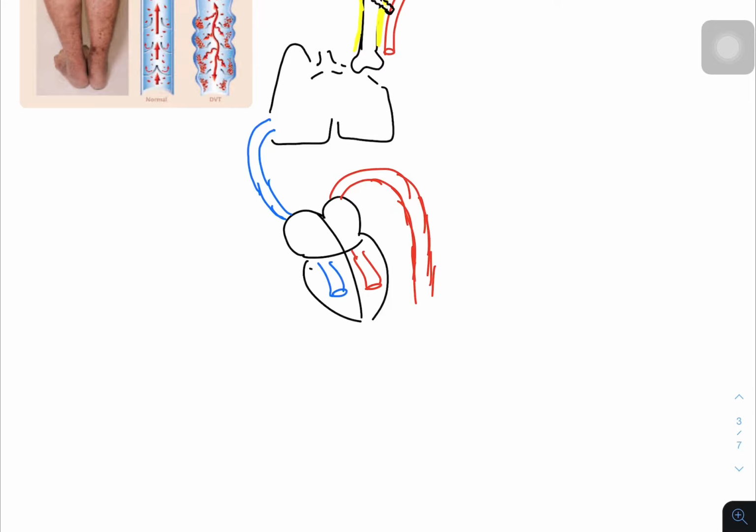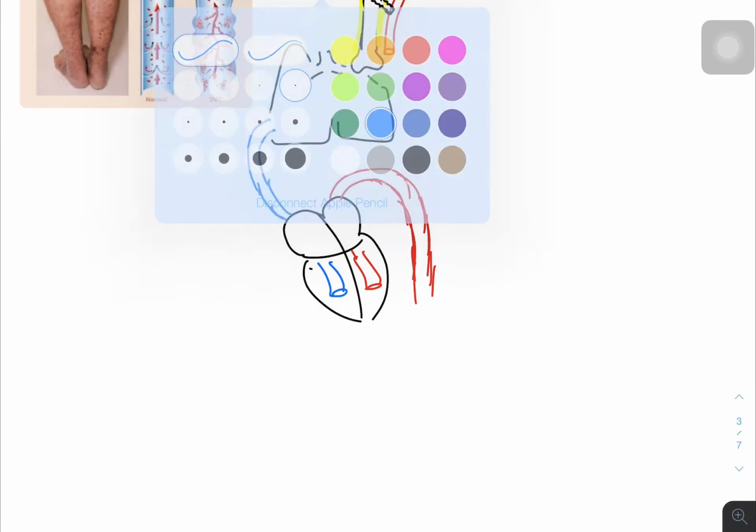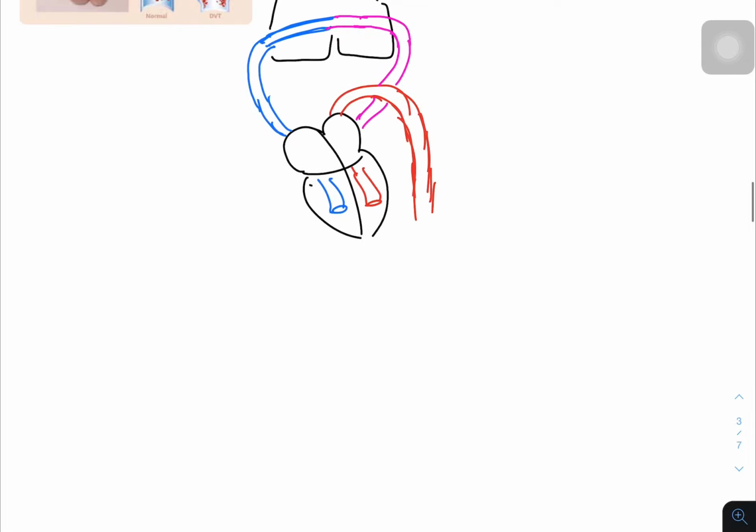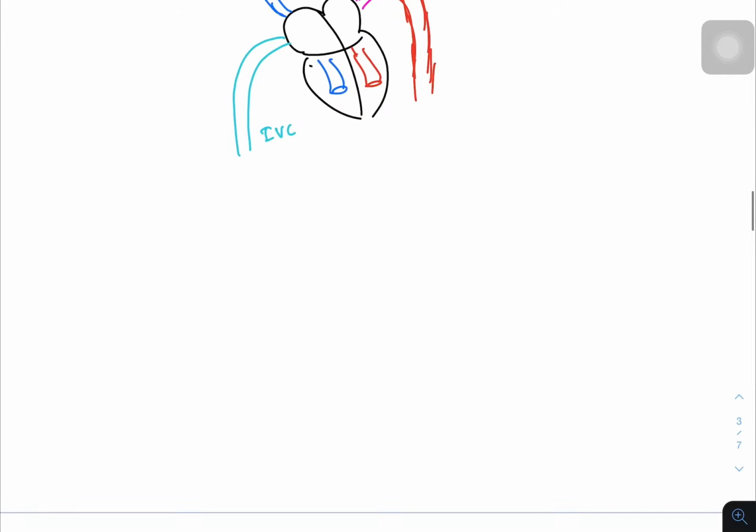These are your lungs, and you have got your pulmonary artery that is traveling all the way into the lungs. After that, you have got this pink one, which is the pulmonary vein, which finally drains into your left atrium. By the way, into the right atrium, how is the blood drained? Through the inferior vena cava. This is your inferior vena cava, which brings blood from the lower parts of your body.